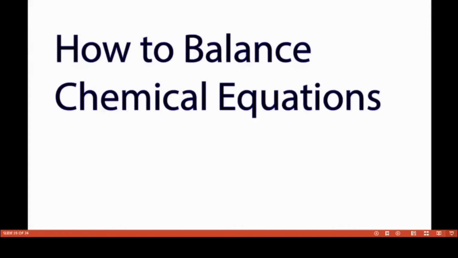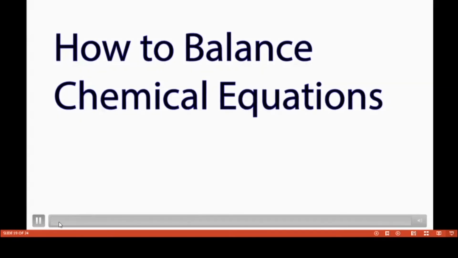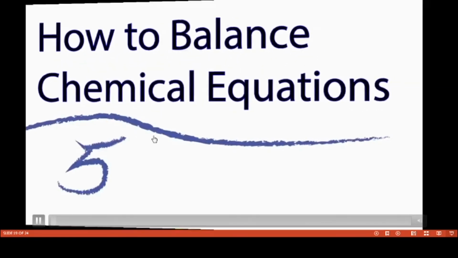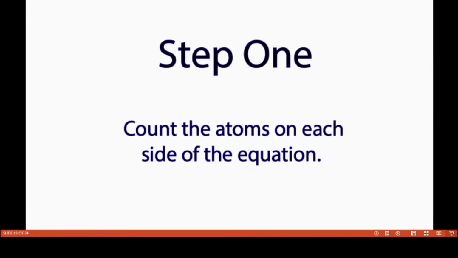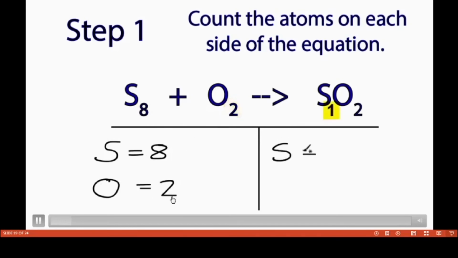Okay, now see how to balance a chemical equation. I will give you one example with 5 steps. Step 1: count the atoms on each side of the equation. Here there are 8 sulfur and 2 oxygen; on the other side only 1 sulfur and 2 oxygen.